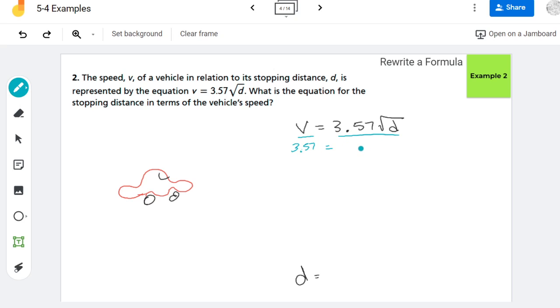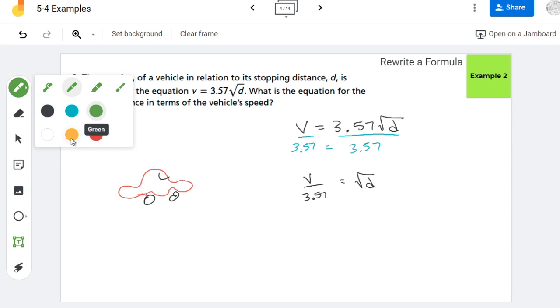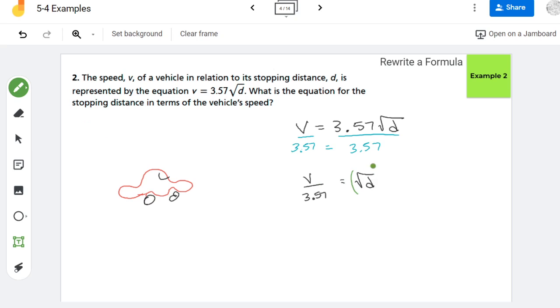Struggling with writing this video, I swear. When I do that, I get v divided by 3.57 is equal to the square root of d. I'm going to get rid of this d down here before I confuse myself. Now remember, to get rid of a square root, you just have to square both sides of the equation.